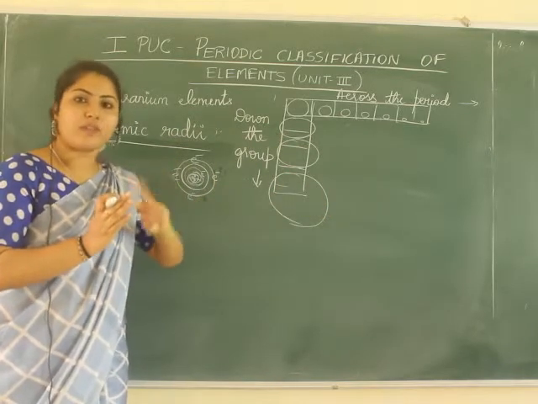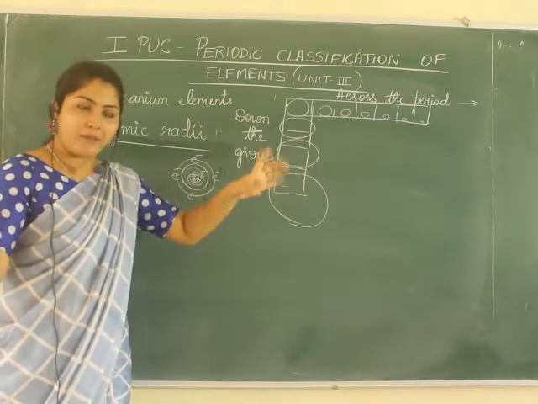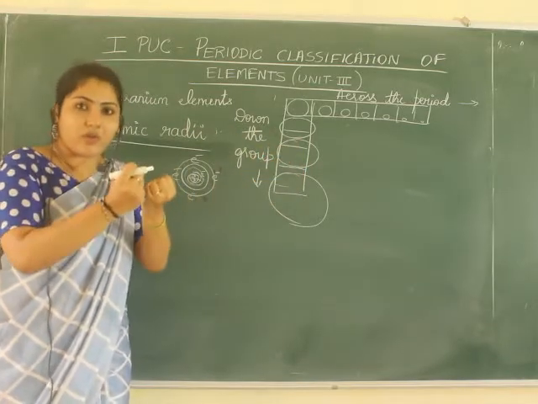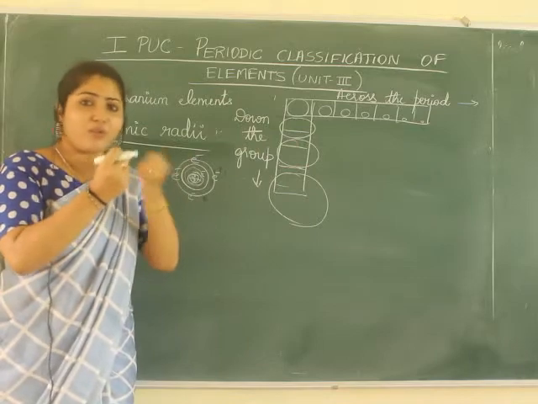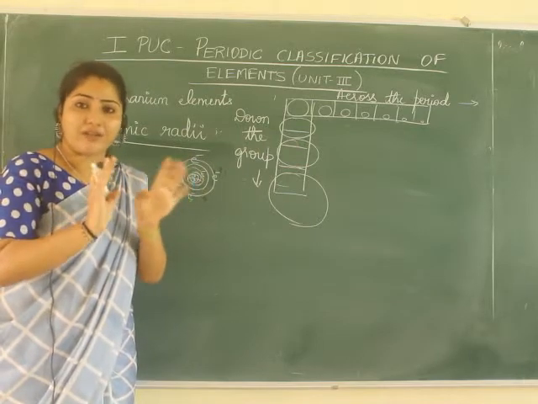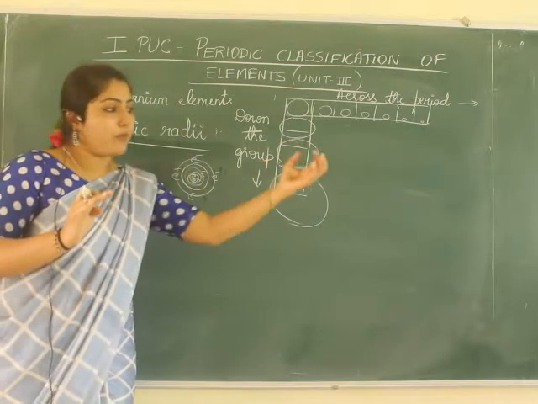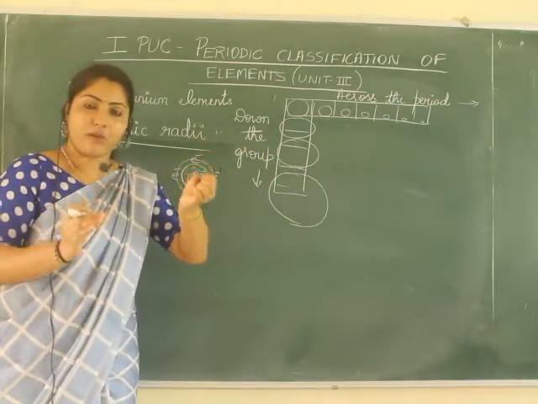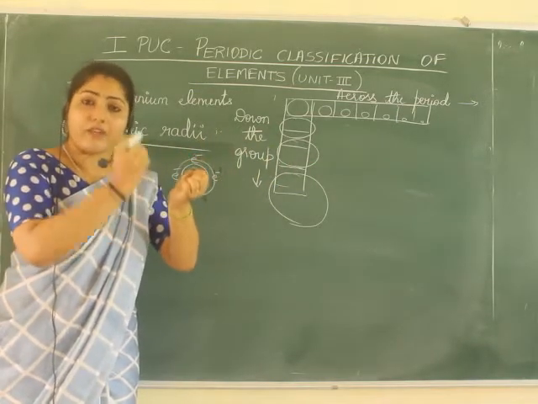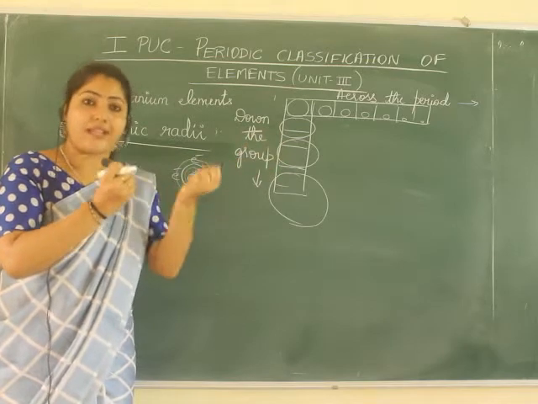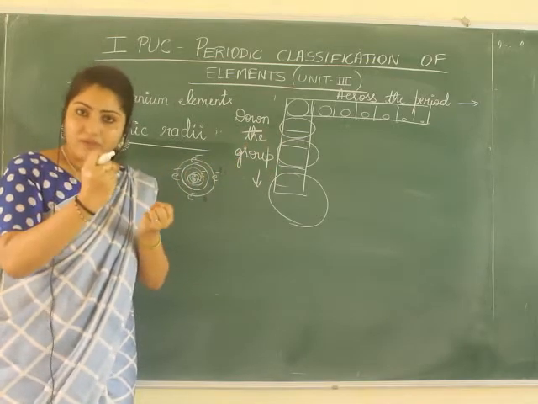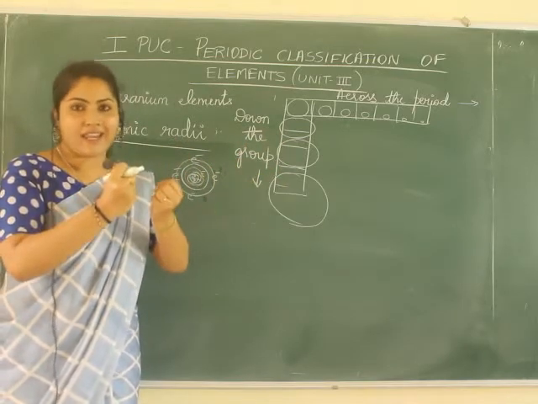Yes, if both were negative, they repel. That means if you bring two electrons closer, both negatively charged, they push each other. They don't get attracted. Whereas if you bring one electron closer to a nucleus, if one is the nucleus and the other is an electron, then they attract. Why? One is positively charged, the other is negatively charged.